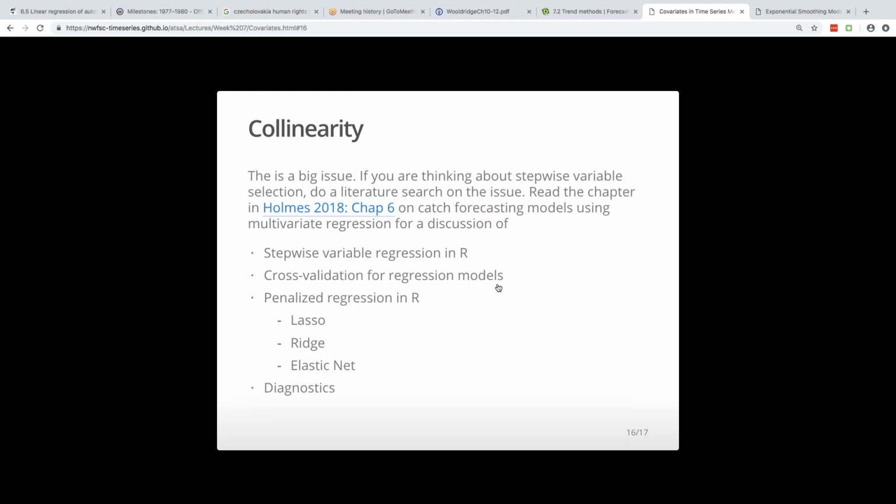All right, so collinearity. That's a really big issue. If you're thinking about doing stepwise variable selection, you should do a search on the issue, and you can read the chapter I wrote on doing that in the context of catch forecasting.